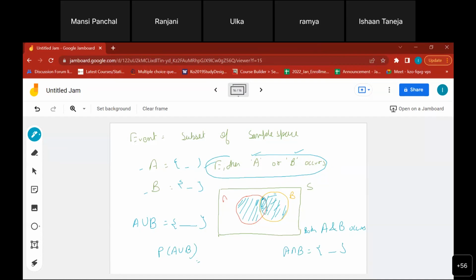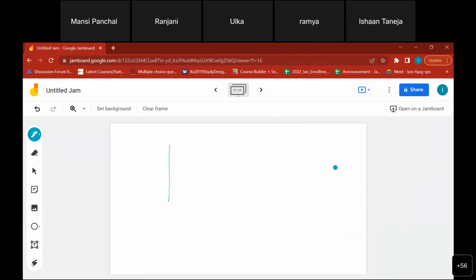This region. So whenever we have to find the probability that both A and B are occurring, it would be A intersection B.